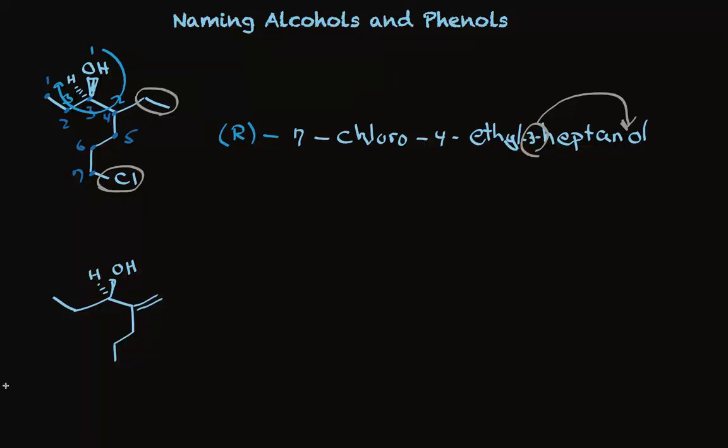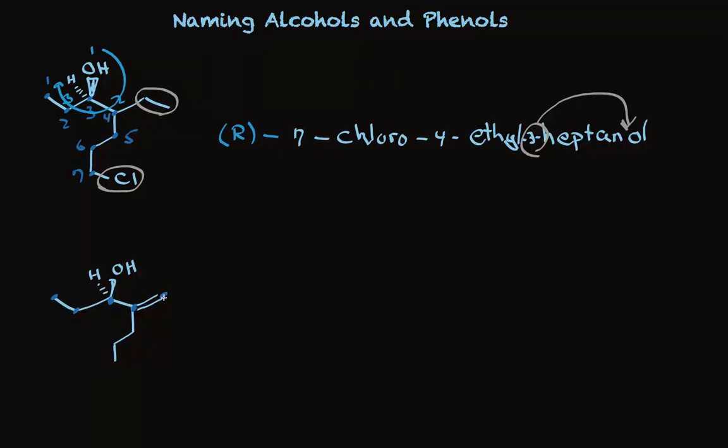Now we would be looking for the longest chain that contains the highest priority functional group and the others. This is not the longest chain, but it's the longest chain that contains the alkene and the hydroxyl group. So now we're going to call it a 1, 2, 3, 4, 5.